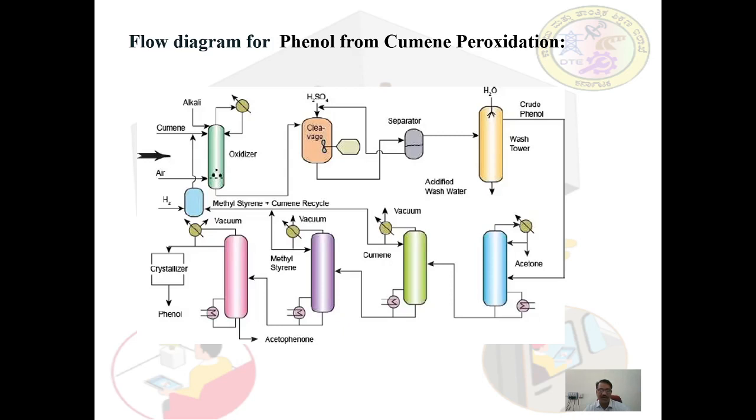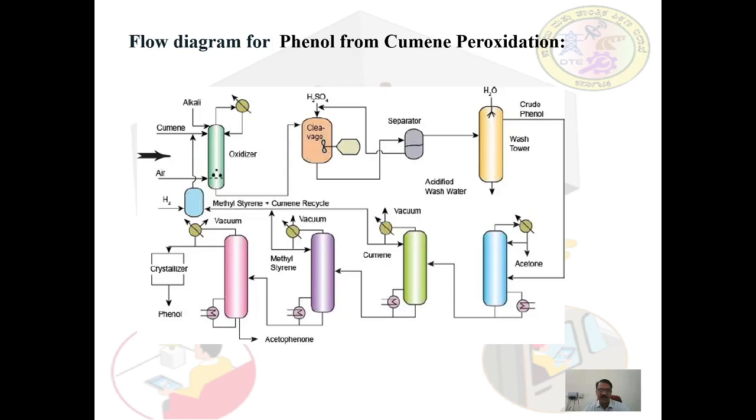Oxidation is carried out in presence of air in the oxidizer, in an aqueous emulsion stabilized by an alkali such as sodium carbonate in the 8.5 to 10.5 pH range.